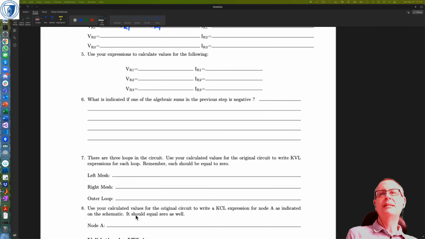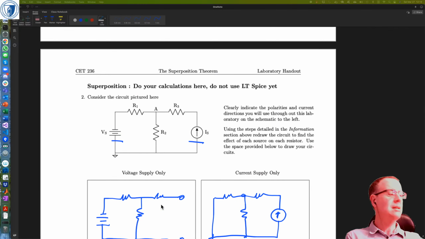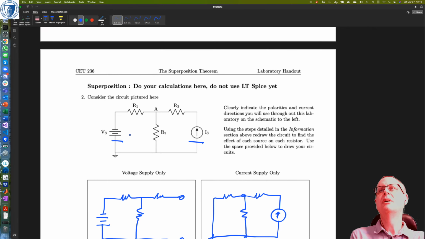And then the aim is to write down the KVL equations for each loop. Let's have a look at the loops. Right, so there's 3 loops. There's one loop. And let's go that way for that one. There's another loop.